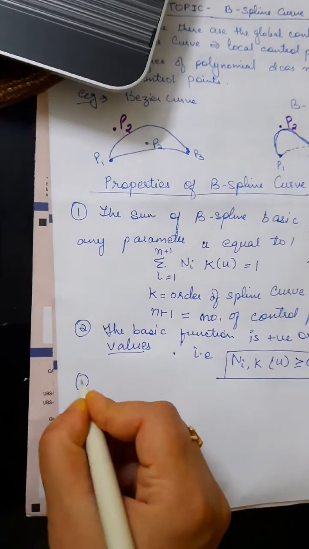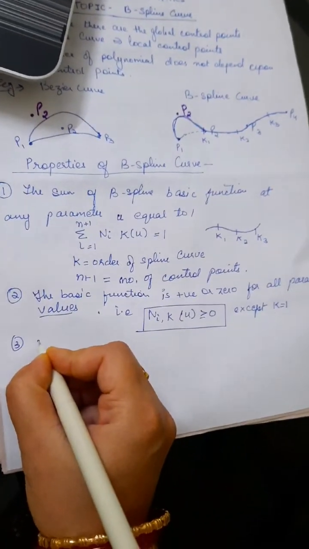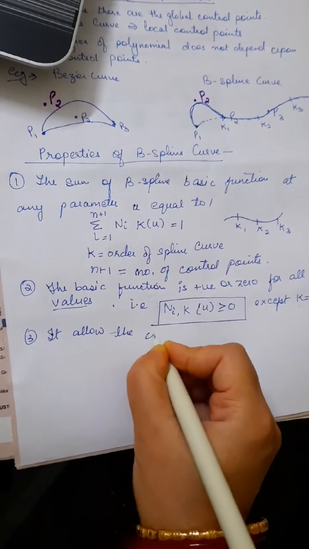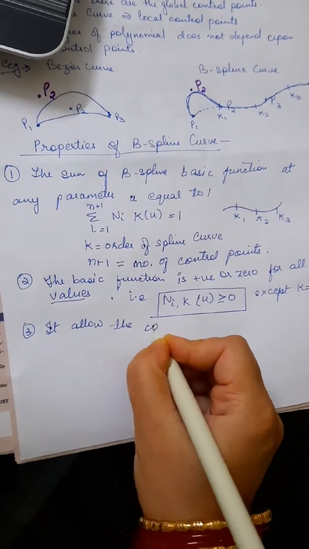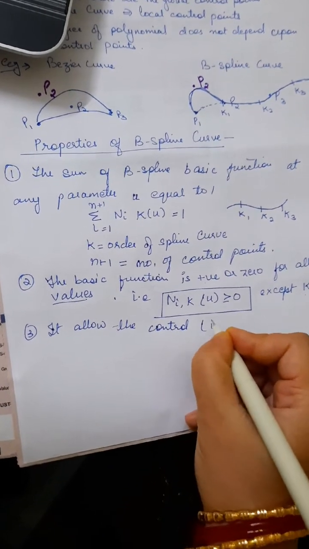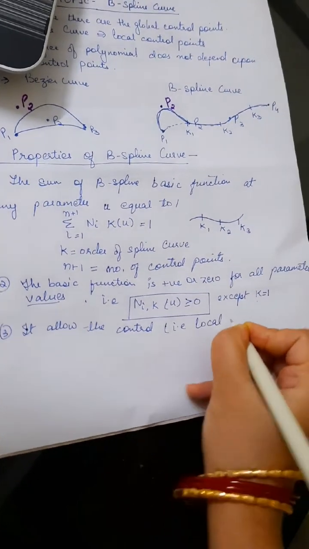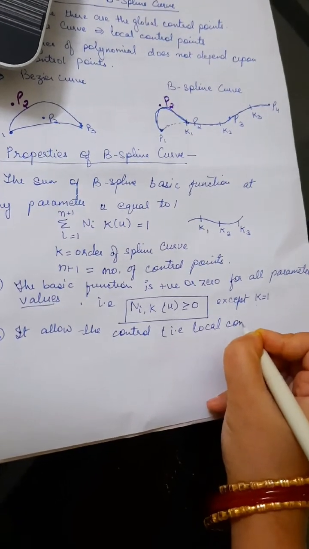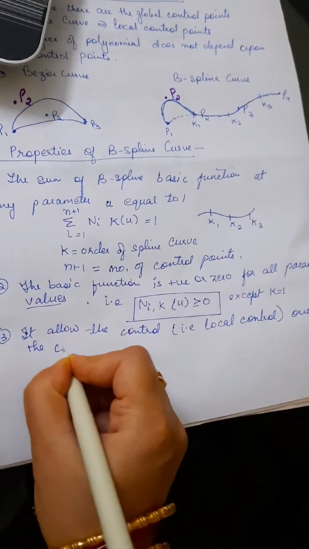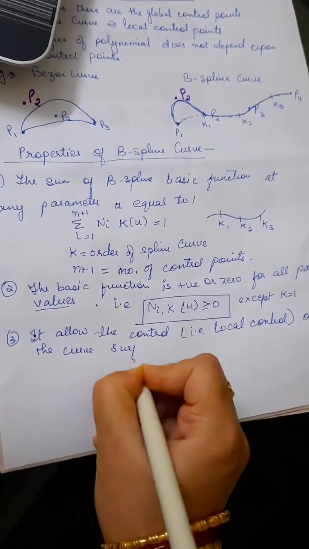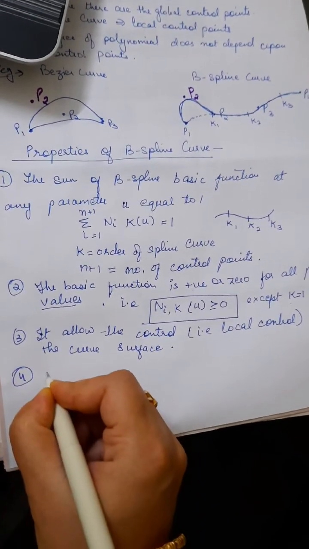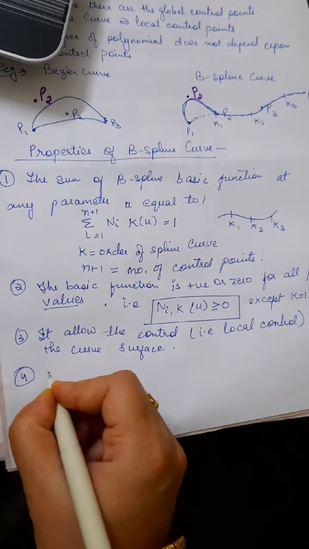Now the third point, we see that it allows local control over the curved surface. Now let's see the fourth point. The fourth point says that the curve lies within the convex hull.